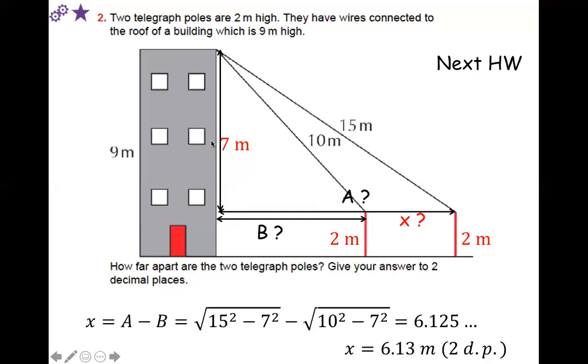That's probably the trickiest one to extract from what you've been given. Okay? So would that make sense? If this is 7 meter, you can have two poles, and both are 6.13 meter apart. That would make kind of sense.